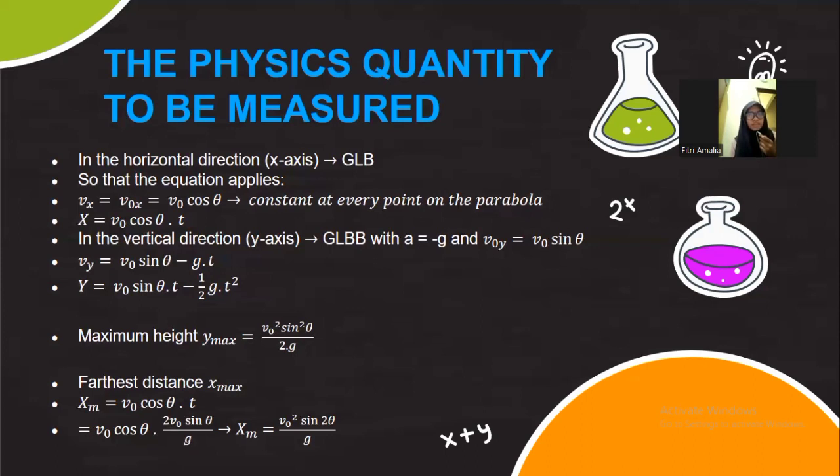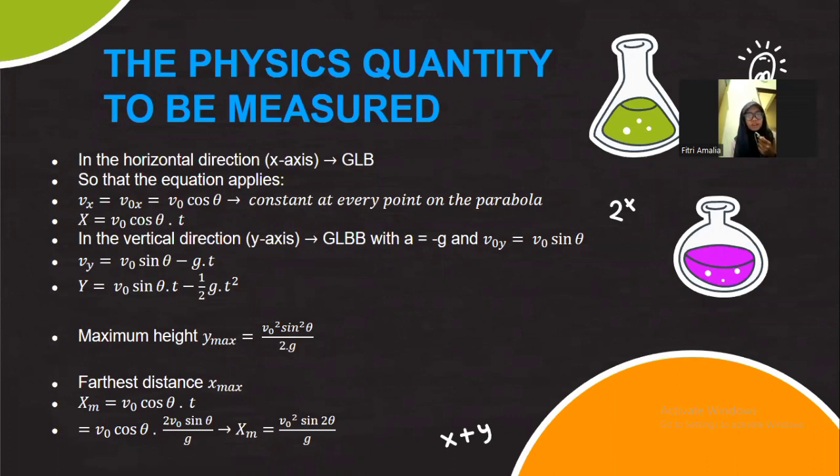And in the vertical direction or y-axis, that is GLBB, or uniformly changing straight motion, where a equals minus g, or gravitation, and V0y equals V0 times sin theta, whereas Vy is V0 sin theta minus g times t. y equals V0 times sin theta times t minus a half times g times t squared.